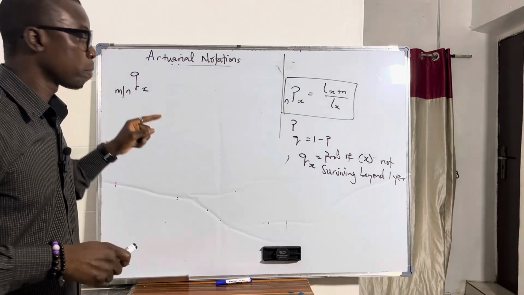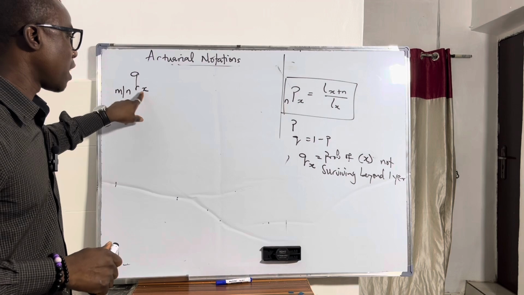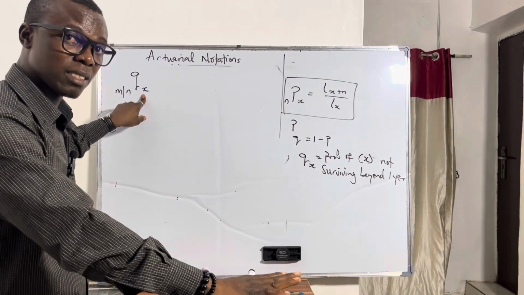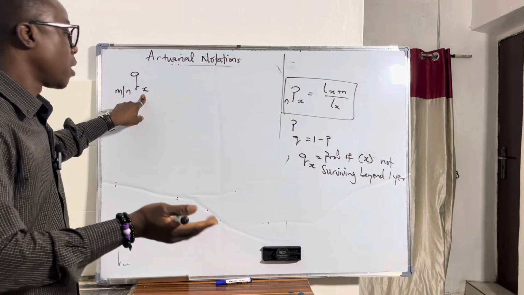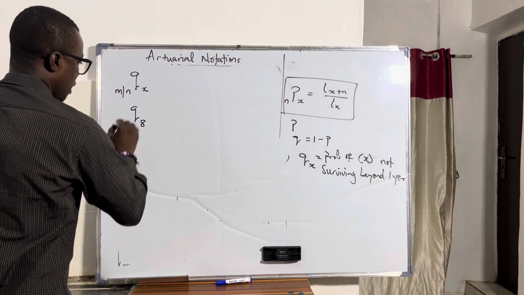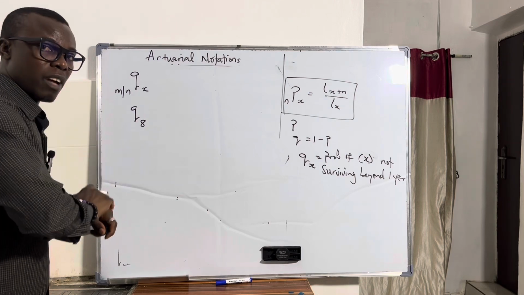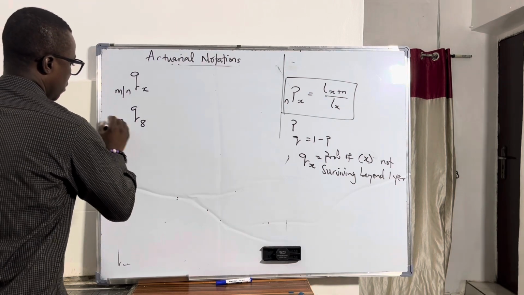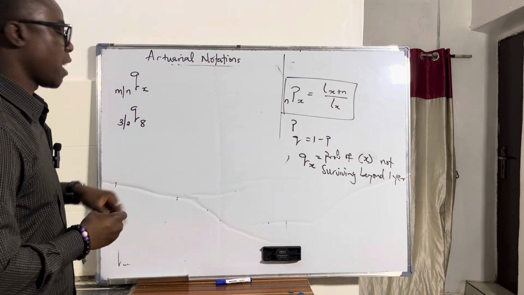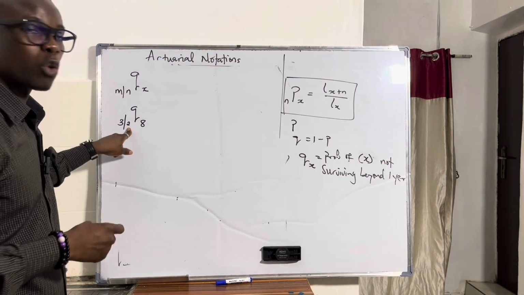Let me say that again. This is the probability of a life age X surviving the next M years. So let's say a life that is 8 years old, then surviving the next 3 years, but then dying after that, not living beyond 2 years.